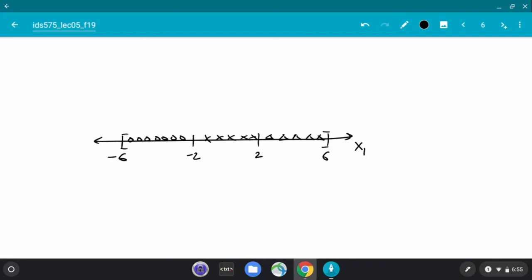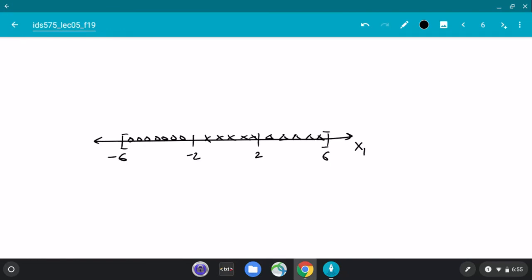Now think of the first class, the circles class. How does the training data look? Training data is going to be all these points, except y1 will be 1 for these points and 0 for all these points.